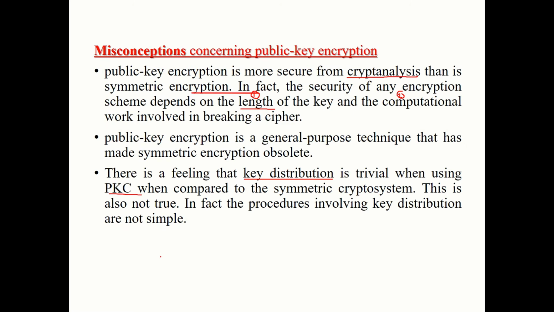Now, public key encryption is basically more secure than symmetric encryption against the attack called cryptanalysis. And why is that? Because we have two keys, one of them for encryption and the other one for decryption.